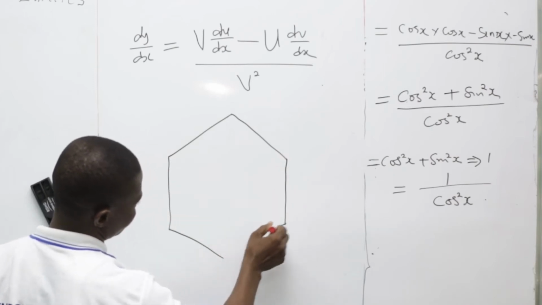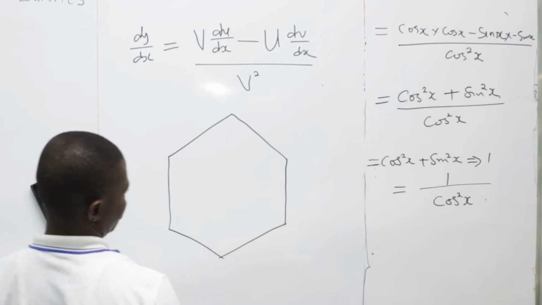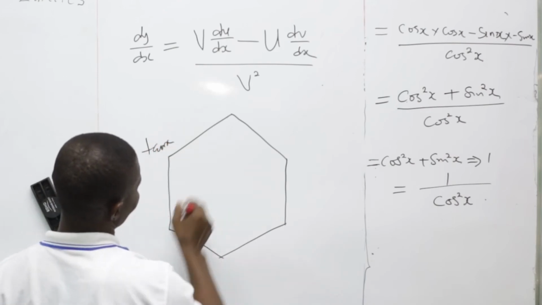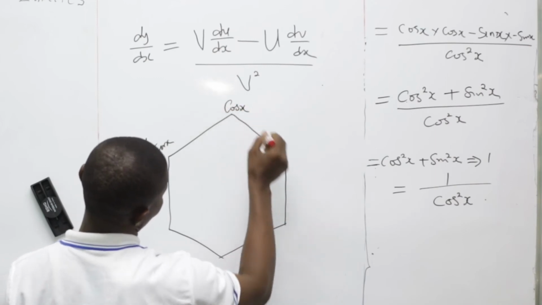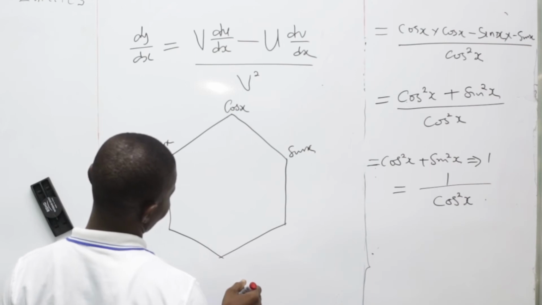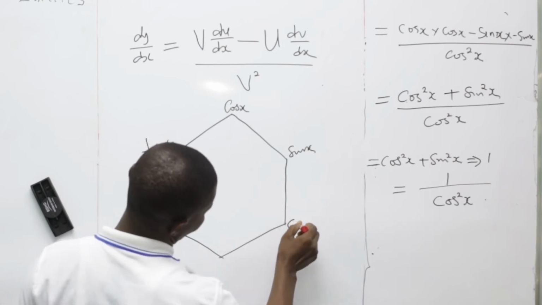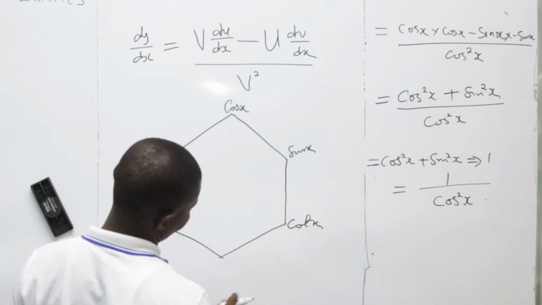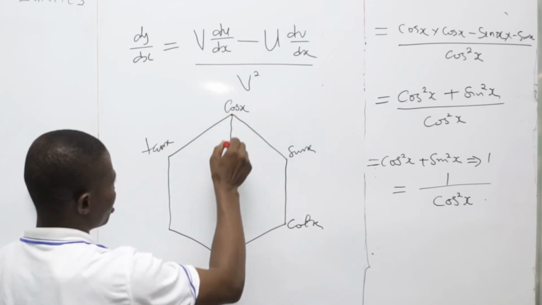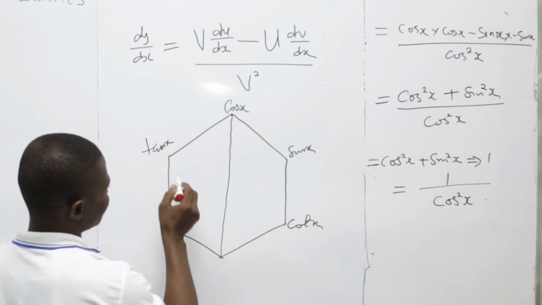The super hexagon. If I have tan x, cos x, sin x, cot x, I'll draw my line to intersect them.